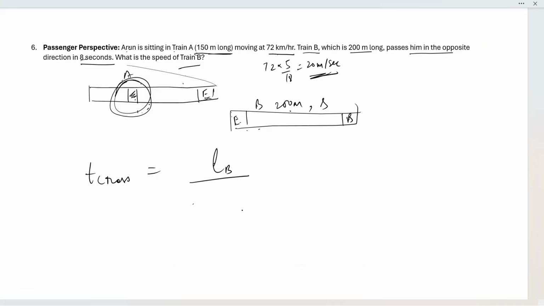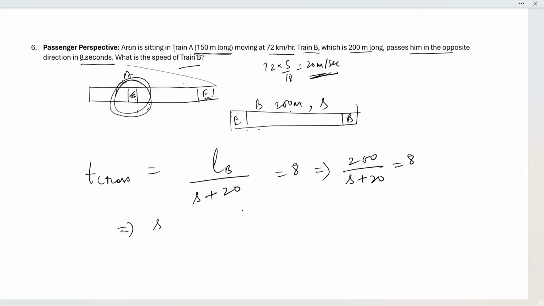So here the speed will be s plus 20, and this time is given to us, which is 8 seconds. So if you put the values, length of train B is 200 meters, over s plus 20, we have to find out the s, is equal to 8.